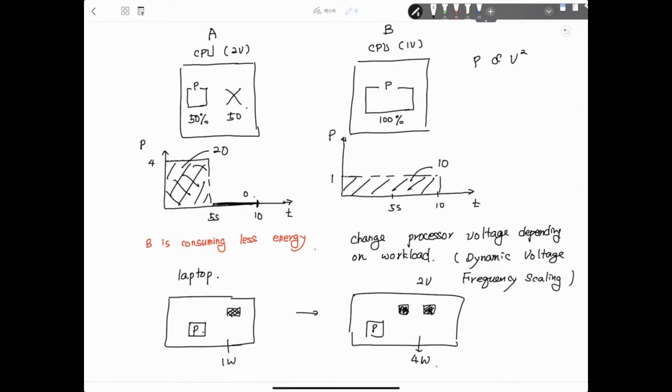So if there is less work, then it automatically reduces the voltage level. If there is a lot of work to do, then it increases the voltage, so it is emitting a lot of heat, and the power consumption is so large in that case. So it is changing the voltage, adapting to the workload.